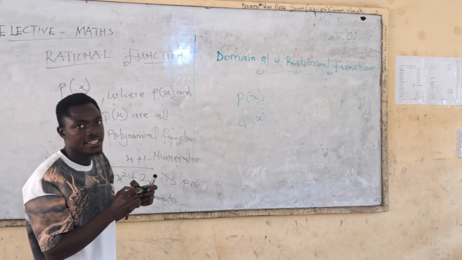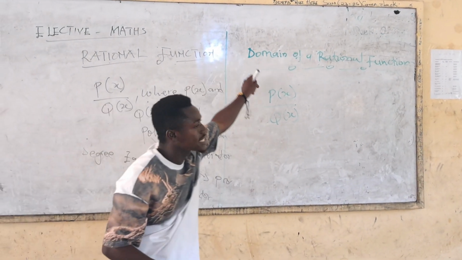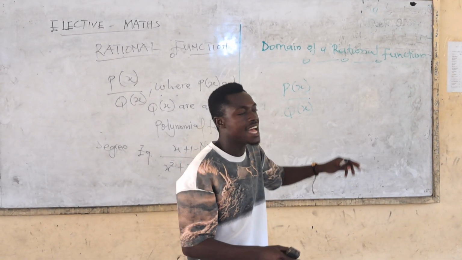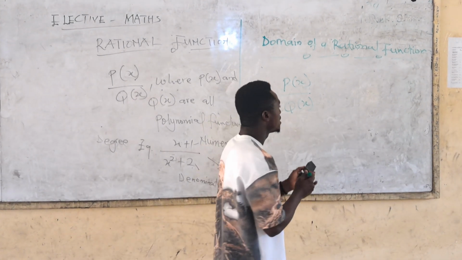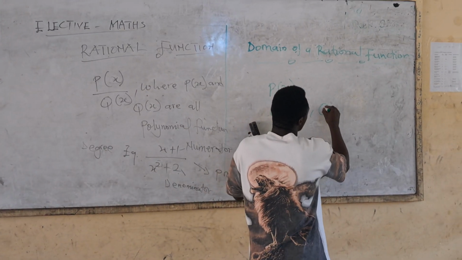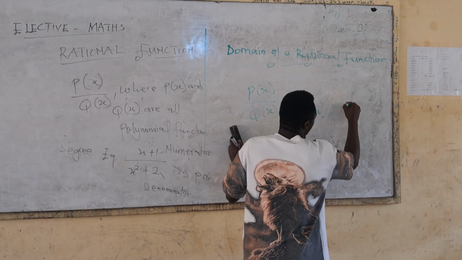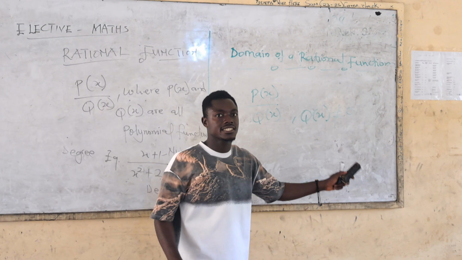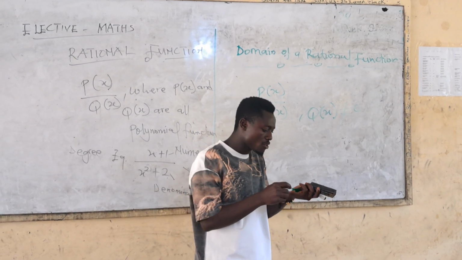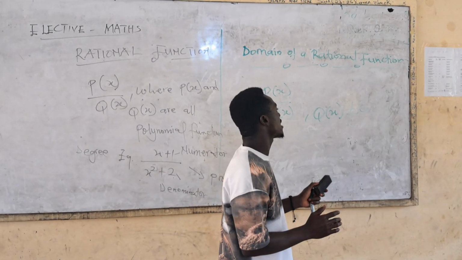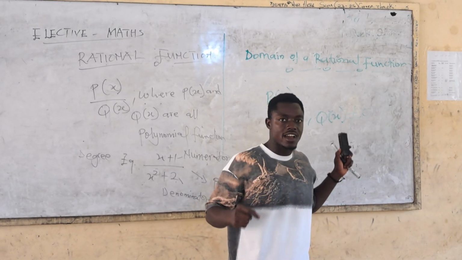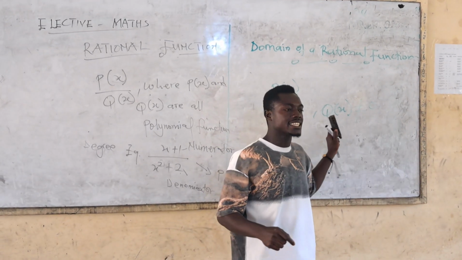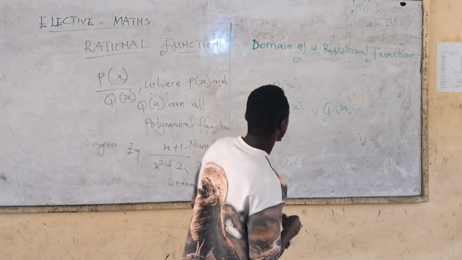And we are saying the domain of a rational function is the set of all possible real numbers except the zeros of the denominator. That's q of x. So let's take an example.